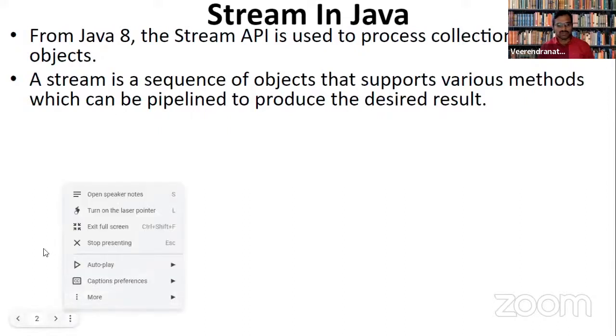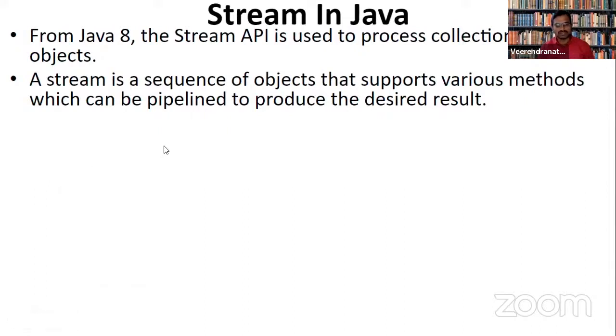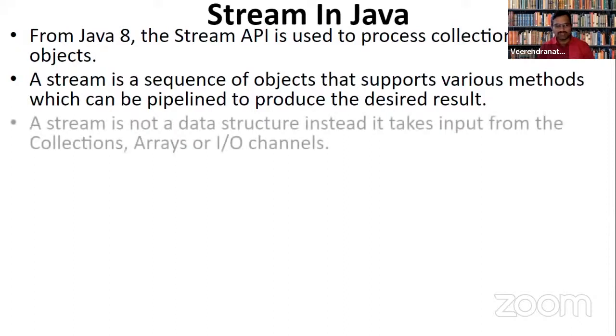The objects are put in a sequence, and various operations are done on that sequence with the help of some internal functions. We'll understand what those functions are, which will tell you about functional programming.